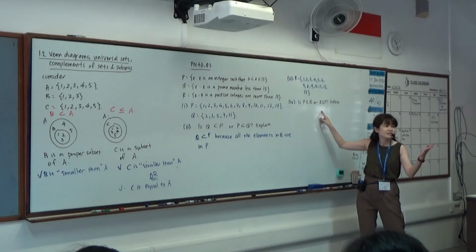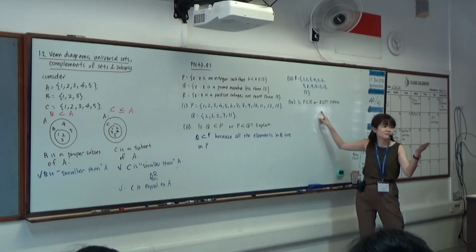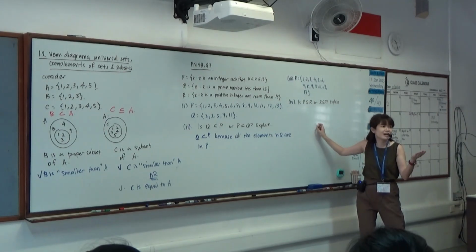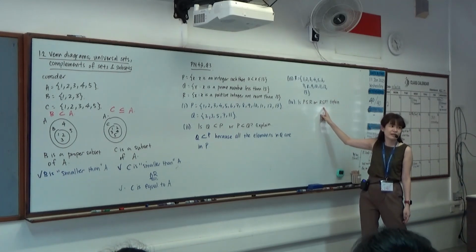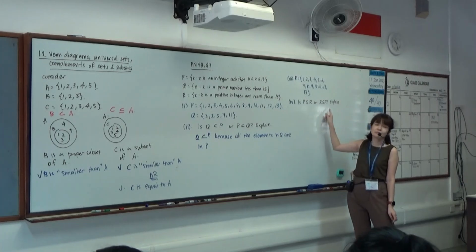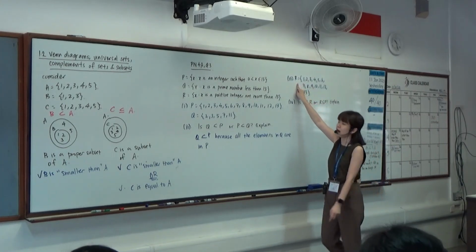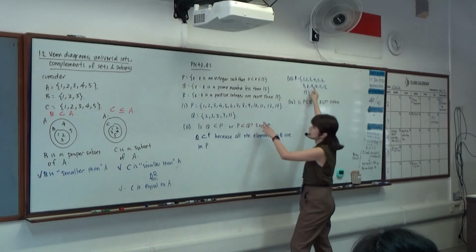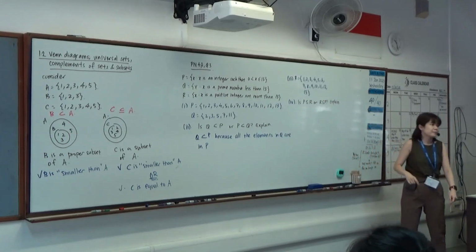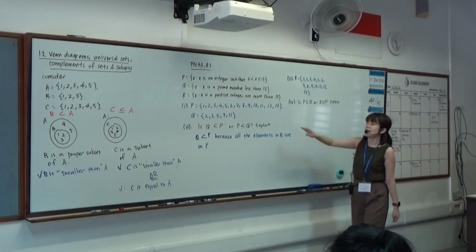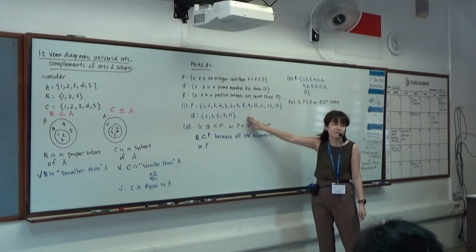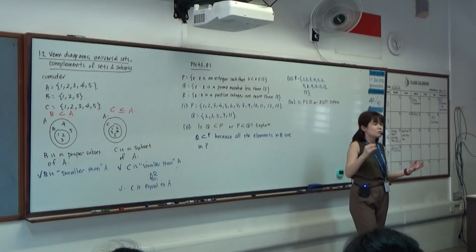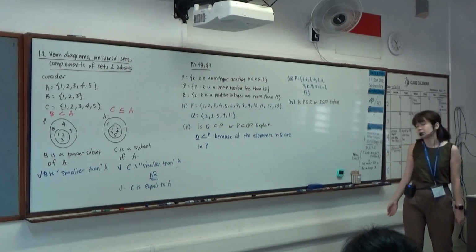Both, okay? So actually, both are possible. Why? Because we notice that R and P, the elements are actually the same. We can say that P is a subset of R. We can also say R is a subset of P, simply because the two sets are equal in the first place.